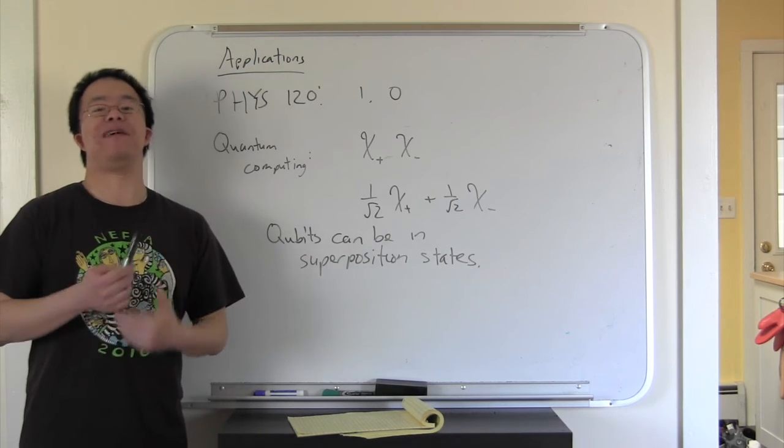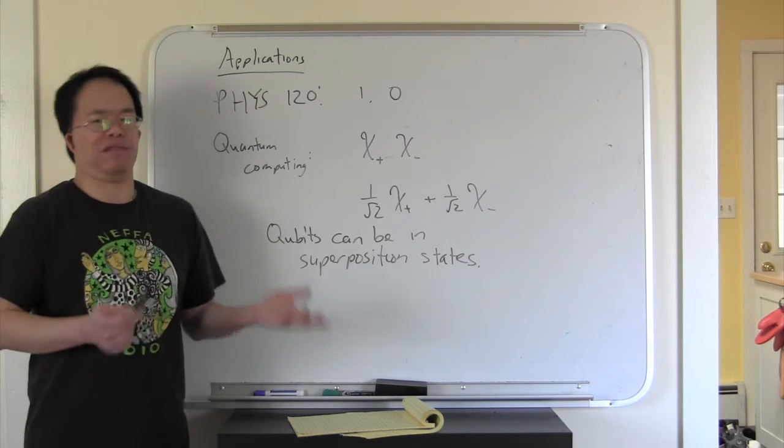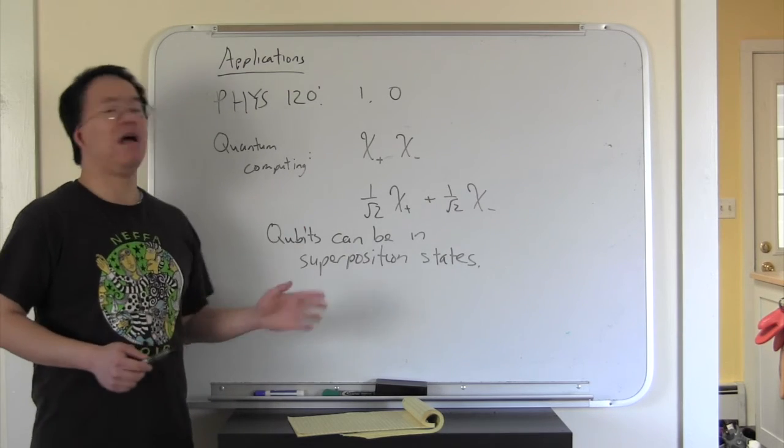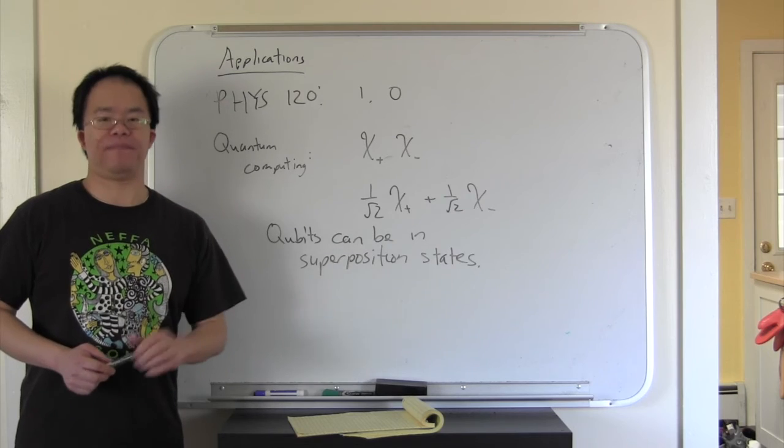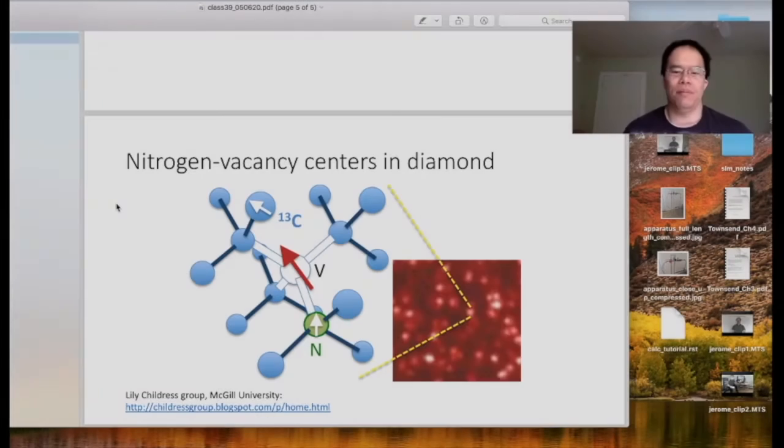But let me go to my computer now to show you one slide of one way in which we might be able to implement, or actually are already starting to implement, quantum bits using spin. One last thing I wanted to show you is a very hot area of current research.